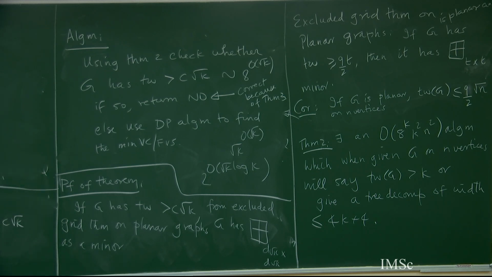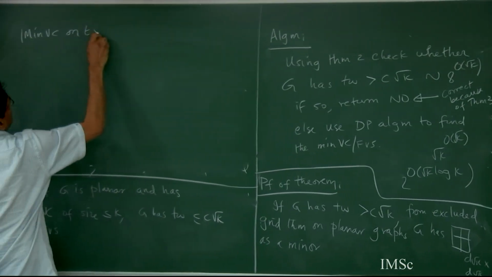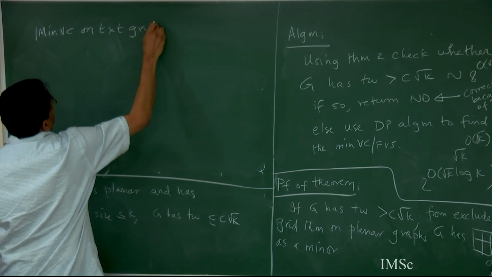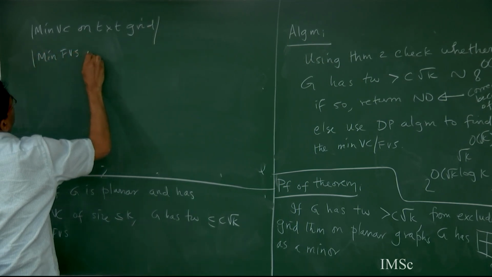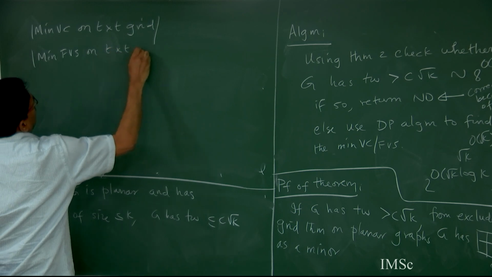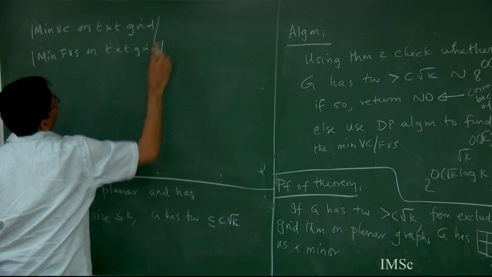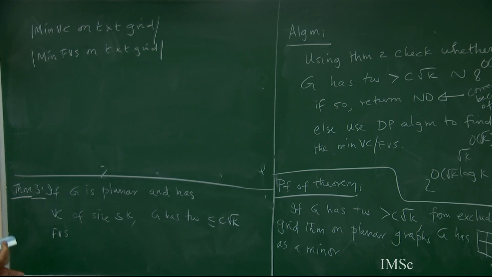The size of a minimum vertex cover on a T by T grid: well, we just find a large matching. So it's omega T square. That's all I care about.